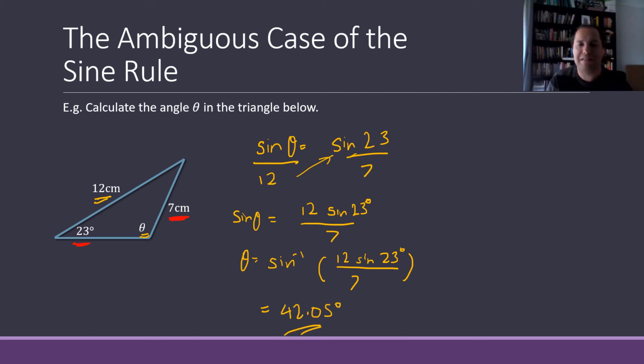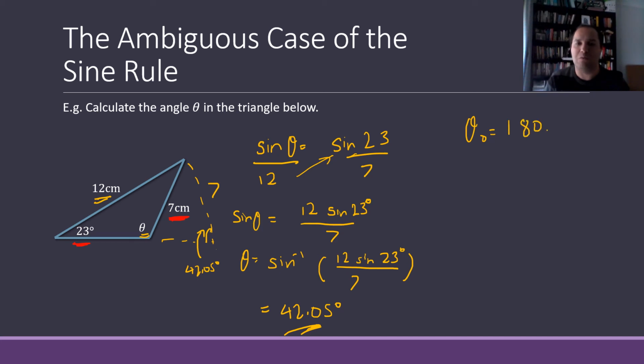which equals 42.05 degrees. But looking at our diagram, our angle is obtuse, so that angle can't be right. What the sine rule has just worked out for us is, if that side's 7 centimeters, it's worked out that angle there. So to get our obtuse angle, we can just use the rule we developed on that last page.